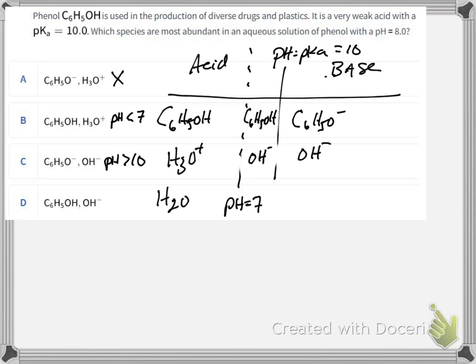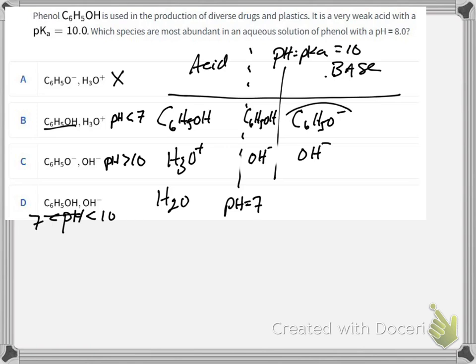Okay, so we can kind of see now if the pH equals 8, we have to be under the acidic form of phenol because we're at a pH less than pKa. And then at pH equals 8, we definitely cannot be under hydroxide. So if we look at answer A, it is never possible.